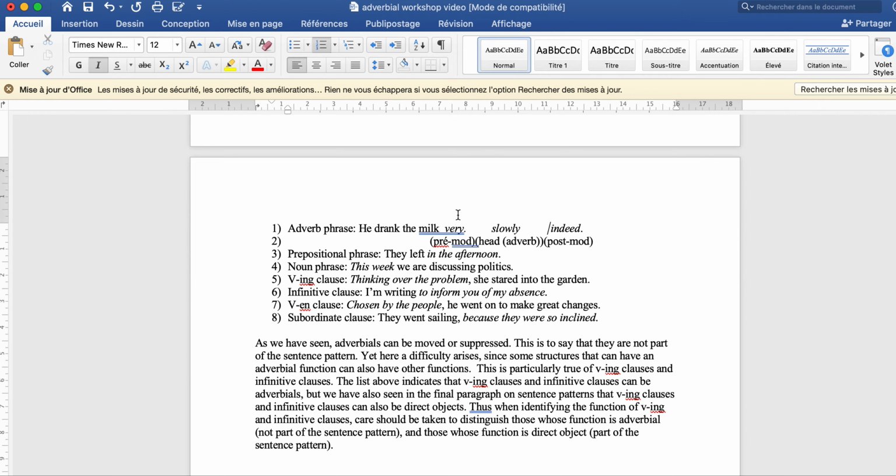I typically like to stick with the traditional vocabulary, and if you want to go farther, you'll find this. But if you read, for example, a grammar book by Huddleston, he's going to refer to these differently, as conjuncts or adjuncts, more likely adjuncts. But don't get too carried away with that.